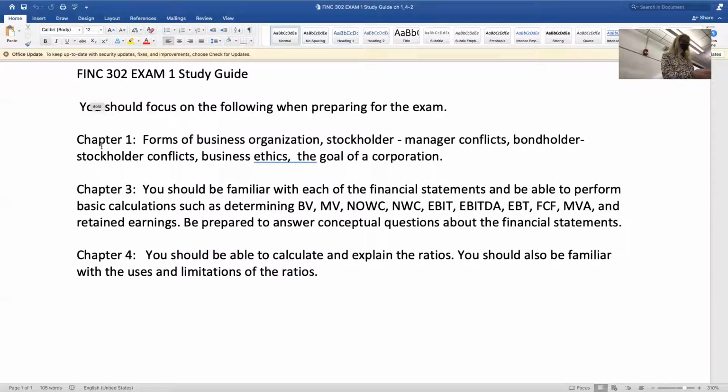You can also exclude, let's see here, the EV to EBITDA ratio, the very last one on homework problem 4. You can skip that one too. EV to EBITDA. And the return on invested capital, ROIC, you can skip that one too.